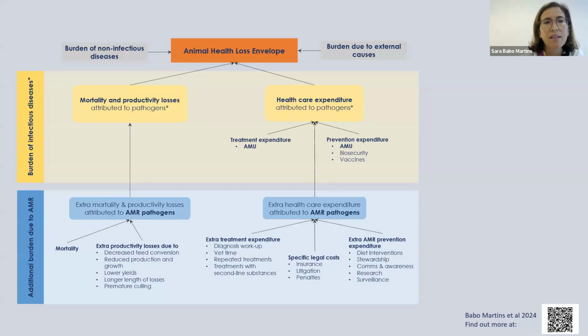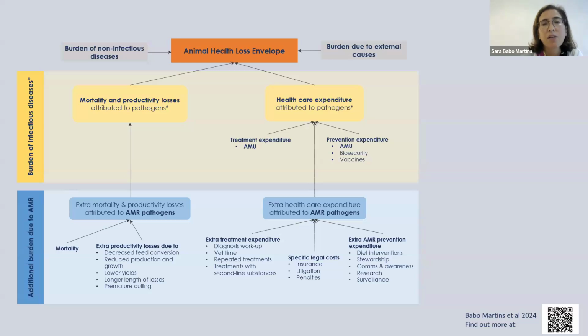That can be due to mortality, extra mortality that we wouldn't see in a susceptible infection, for example, or extra productivity losses because we have, for example, lower yields on our animals, or for some reason, premature culling. Or we could also have extra healthcare expenditure, which we can attribute to AMR pathogens because of that resistance. For example, we can have drug interventions to manage those infections, or we can have extra diagnostic workup or veterinary time.